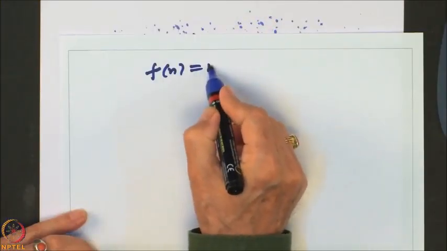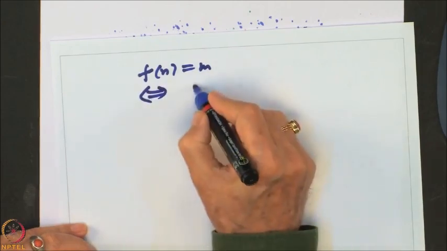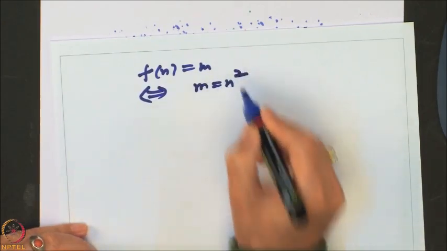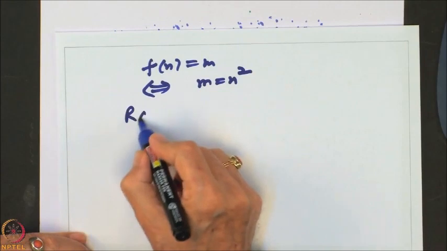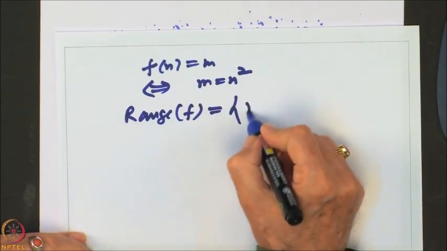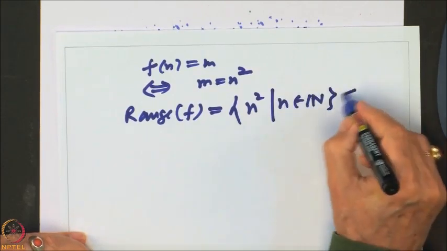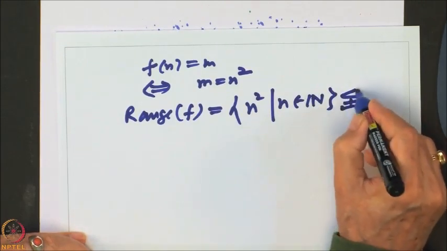What does that mean? f of n equal to m will happen only if m is equal to n square. So, the range of f is equal to n square, n belonging to N, which, note, is a proper subset of N.